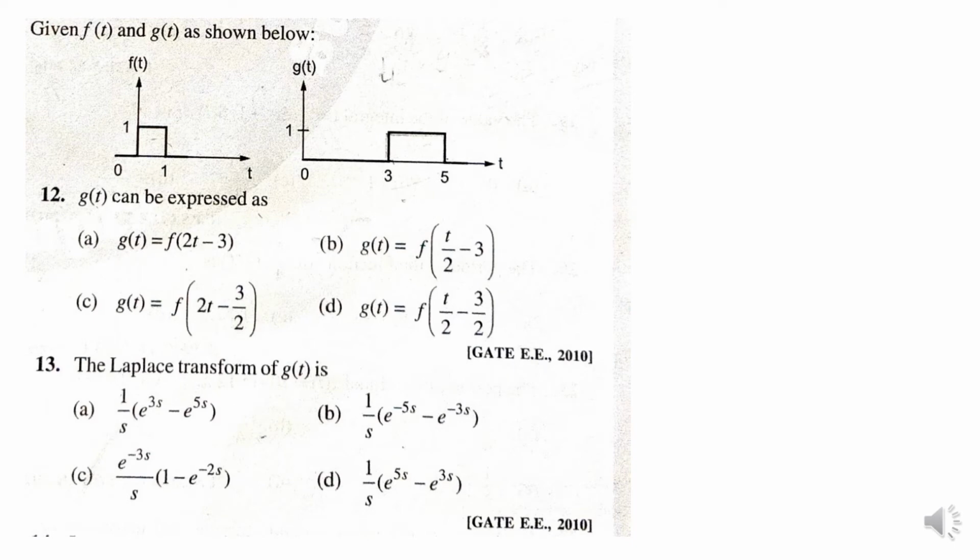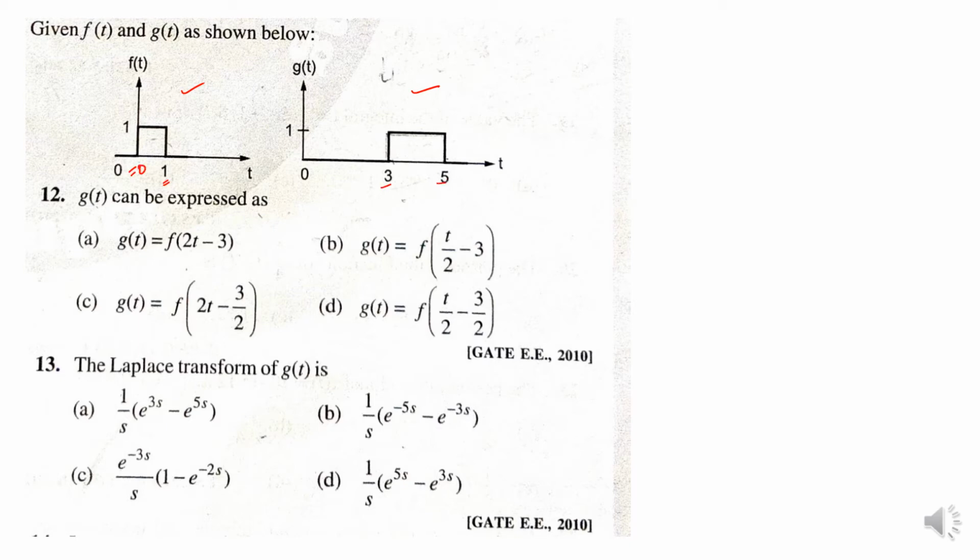So next problem, given f of t and g of t are shown below. The first one is f of t, and the second signal is g of t. g of t can be expressed as, see, f of t, the first value is 0, second is 1. Here 3 and 2.